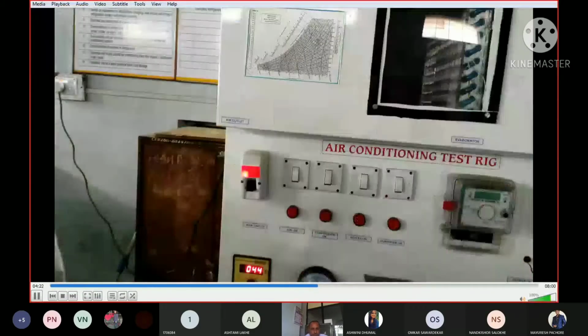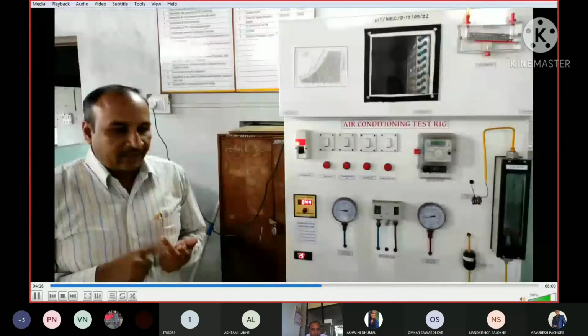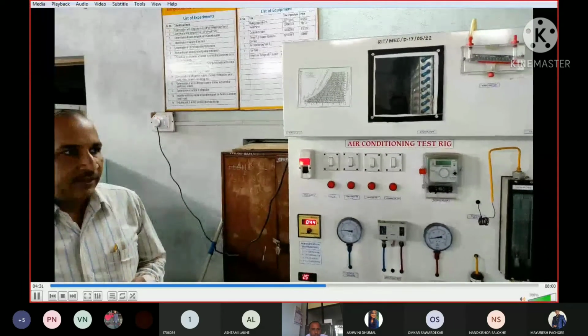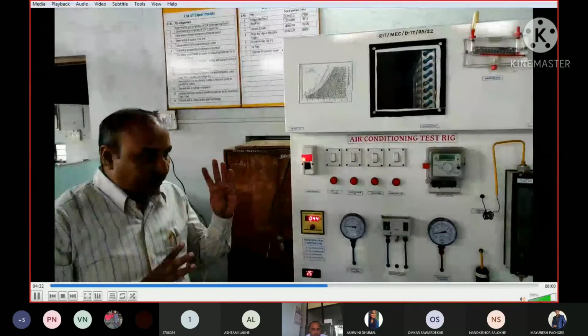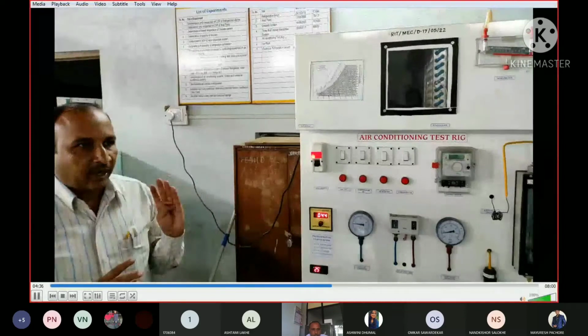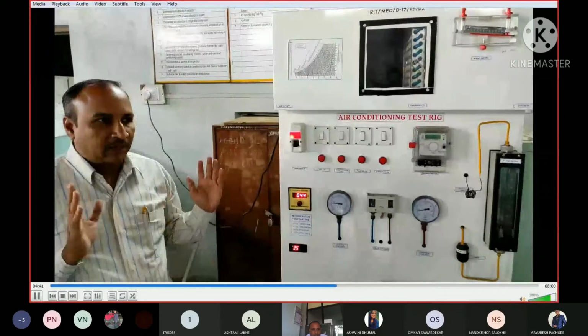Now we have to perform various psychrometric processes, that is sensible cooling, sensible heating, humidification, and dehumidification. These are the 4 basic processes. But dehumidification will not happen on its own.